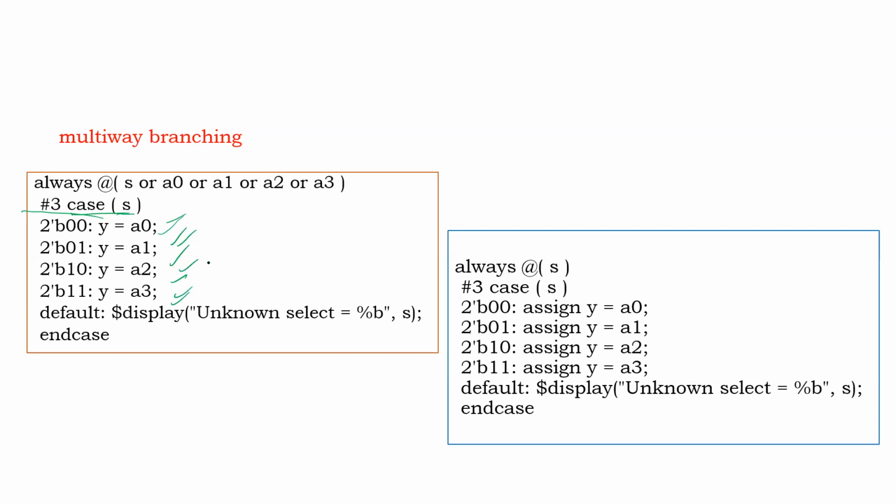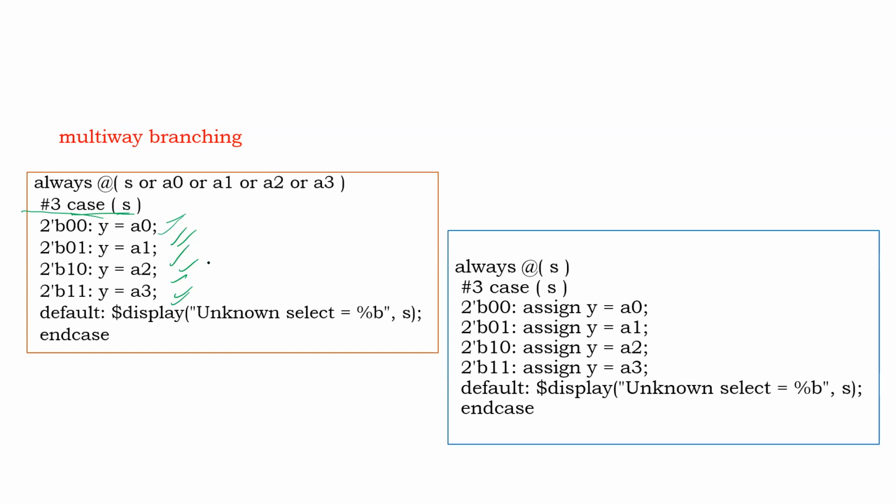Okay, default value. Sometimes we need to write the default value. Suppose you are talking about the S value. S value is for a 4 to 1 mux, which means S value is 2 bits. It may be 00, 01, 10, 11. You are talking about only 4 combinations. Why don't you take 0x or 1x cases, or x0 or x1 cases?